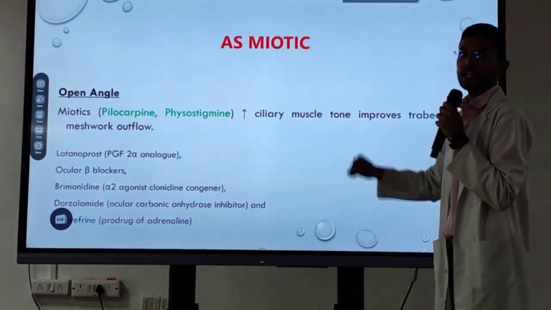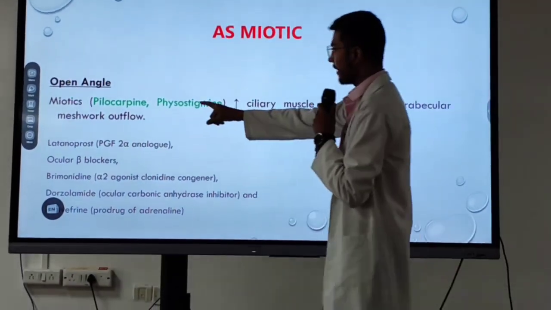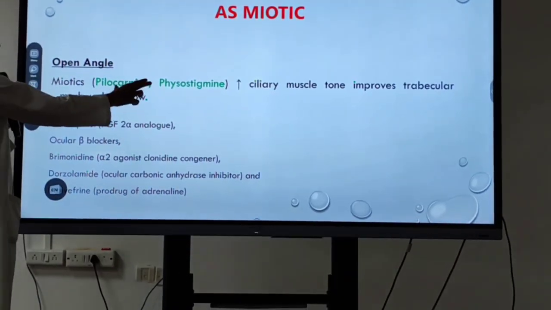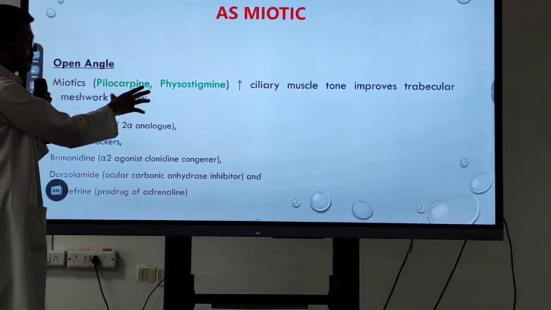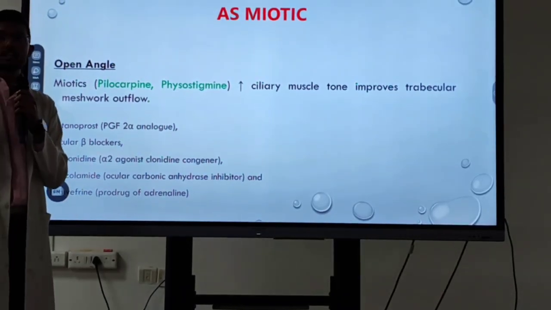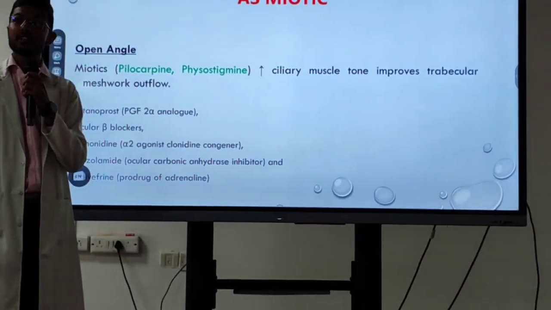First, we will discuss open angle glaucoma. In open angle glaucoma, cholinergic drugs like pilocarpine and physostigmine are given. These drugs are myotics. They will increase the tone of the ciliary muscles, due to which the drainage of the aqueous humor from the canal of Schlemm is improved.